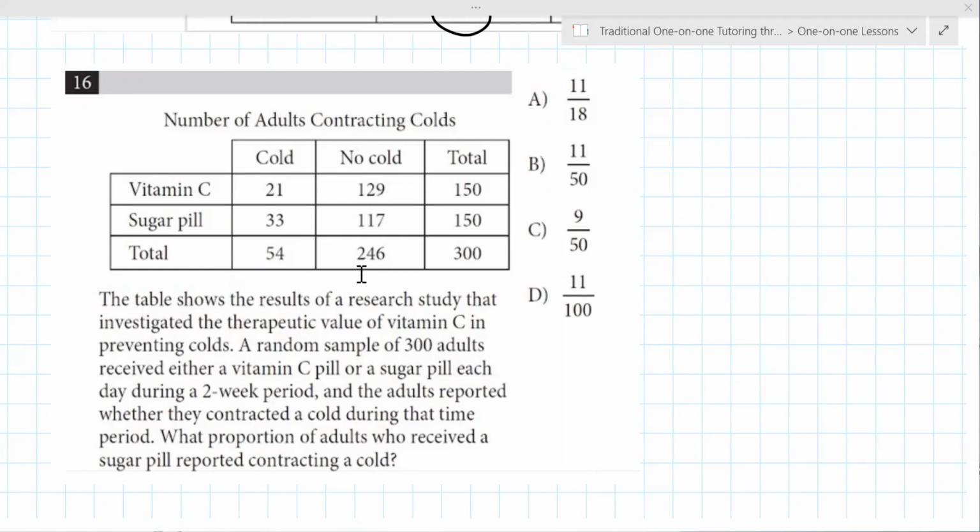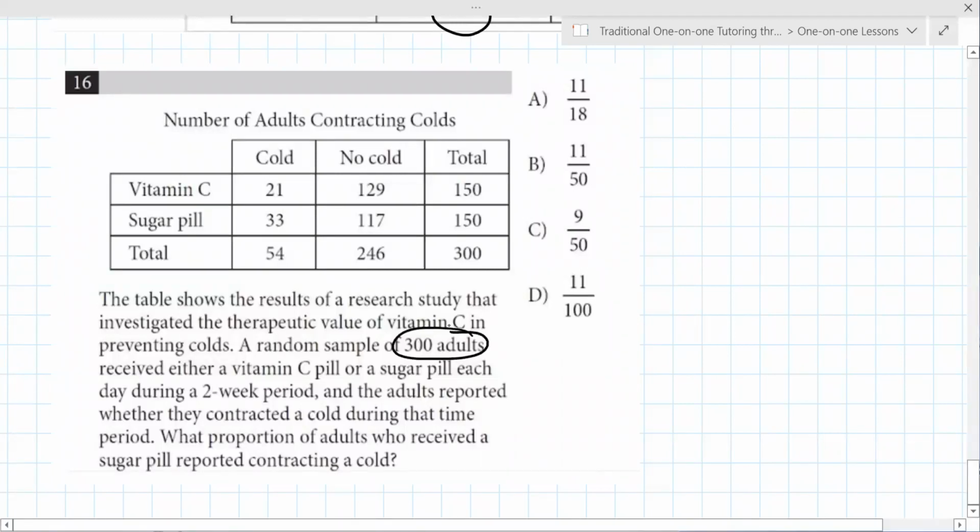Okay. All right, so the table shows the results of a research study that investigated the therapeutic value of vitamin C in preventing colds. A sample of 300 adults, so that's the total number of people, received either a vitamin C pill or a sugar pill during a 2-week period. And they were asked to report whether they contracted a cold during that time or not.